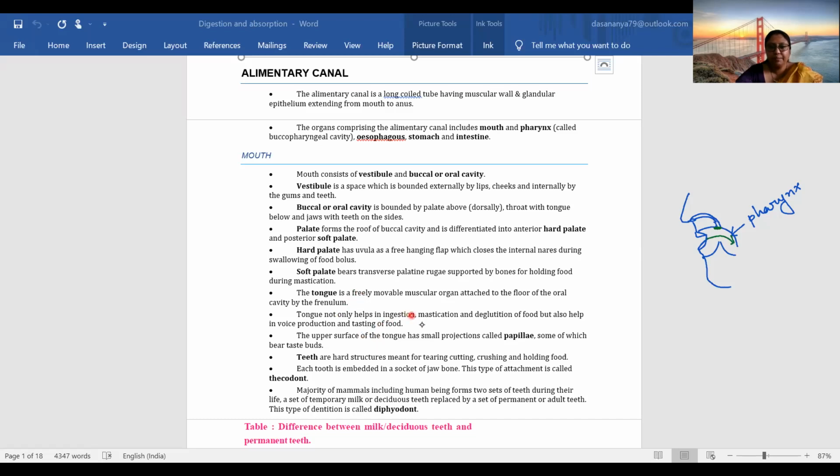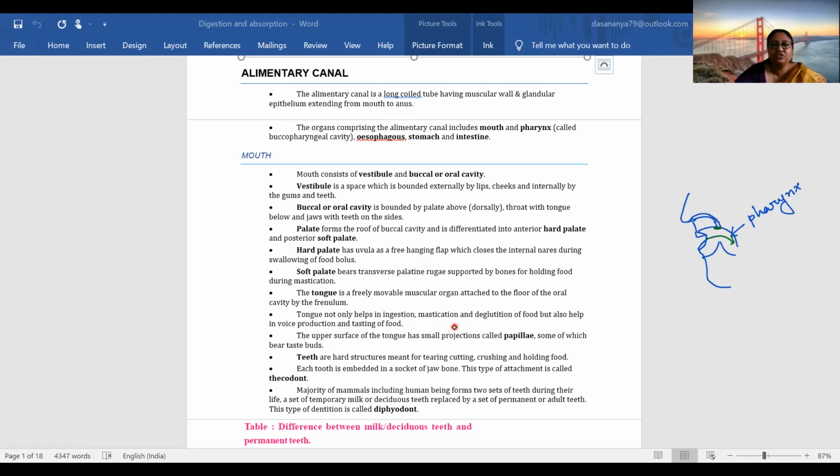Okay, so the tongue has various roles. It is helping us to ingest the food. At the time of ingestion, it is helping in mastication also.